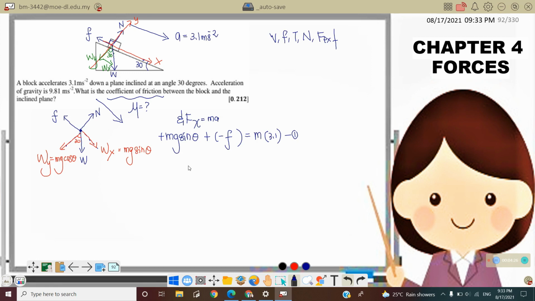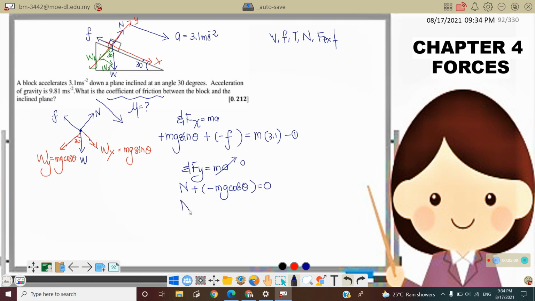The second equation is from Y. Fy equals ma, and for the Y component, because the block is not moving up or down, the resultant force is balanced and equals 0. Meaning the normal force upward plus negative mg cos theta, because it's downward, equals 0.